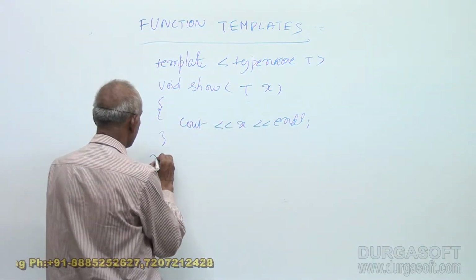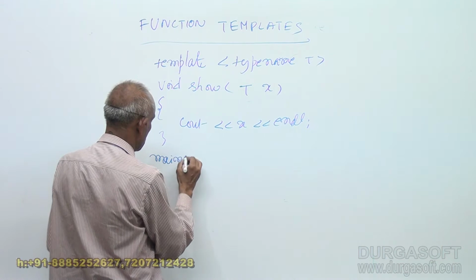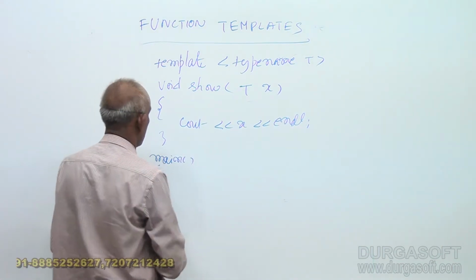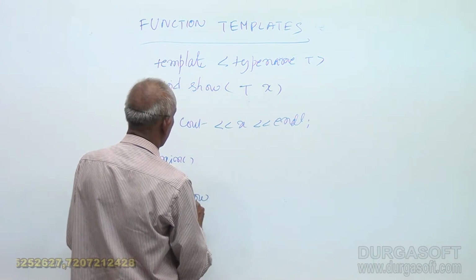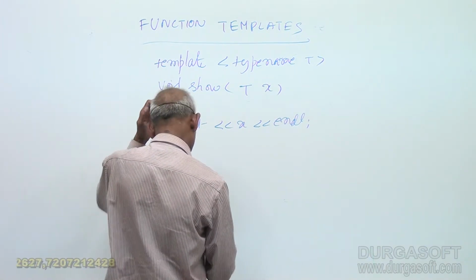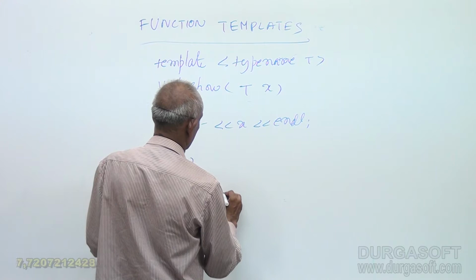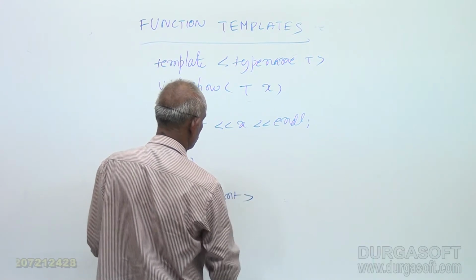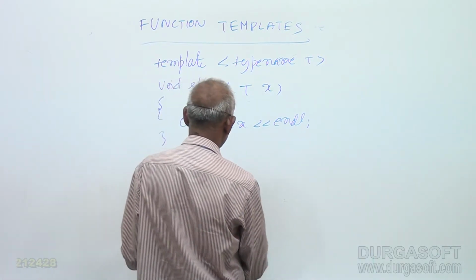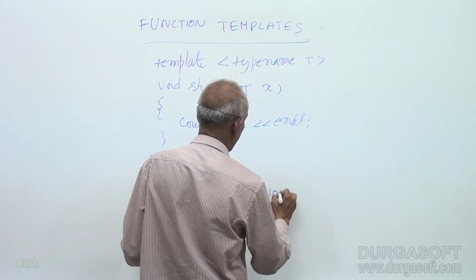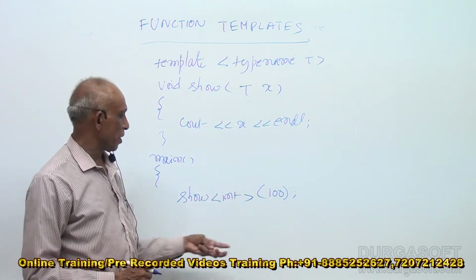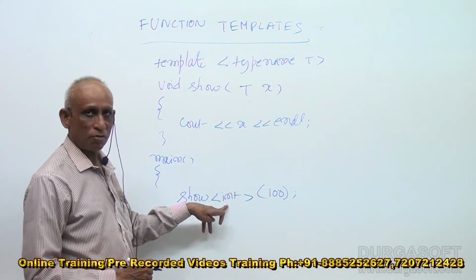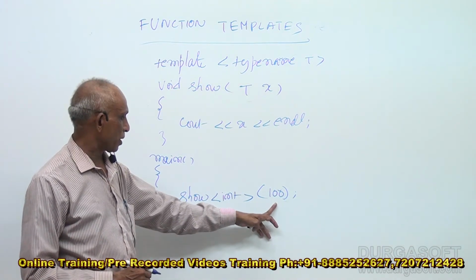In the main, either you can use template like show<int>(100). Show int 100 means take integer version of the function with parameter 100.